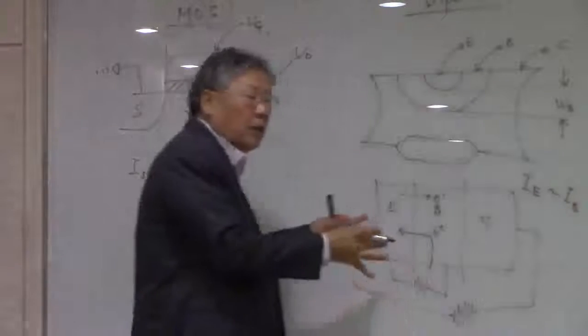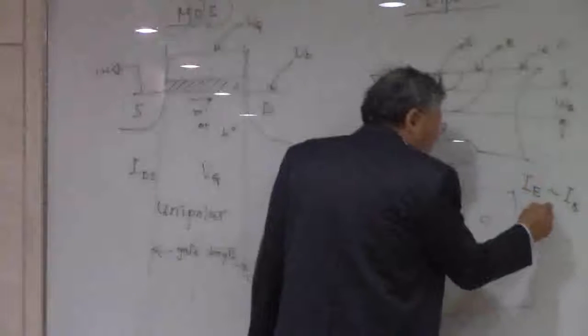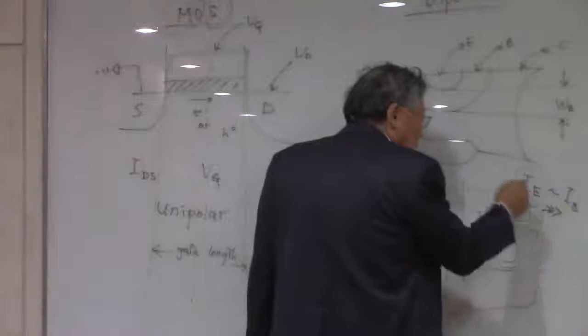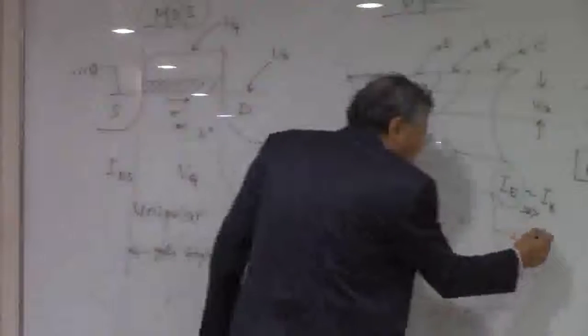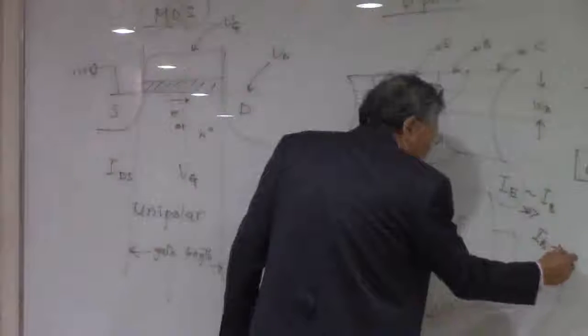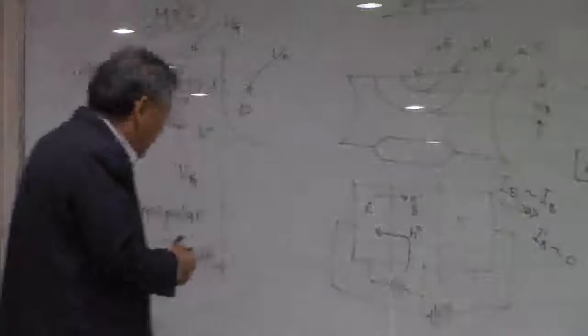Obviously, we want to make this as big as possible compared to the base current. In modern technology, we can make it 1,000 times bigger. So we may say the IB, the base current, is trivial. It's almost negligible.